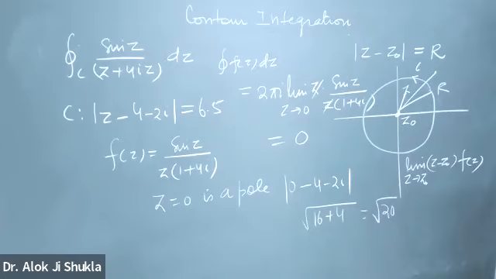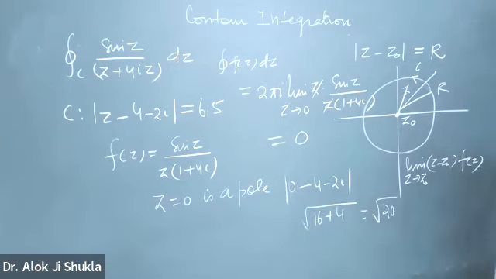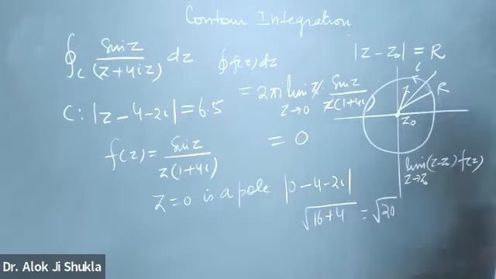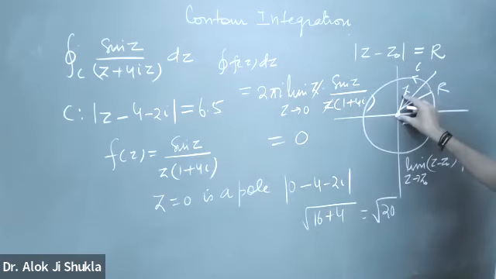Yes? Did everybody understand this? Yes, sir. How to see that your pole is inside the contour or outside the contour? You don't need to draw the contour, just take that point, take that length.